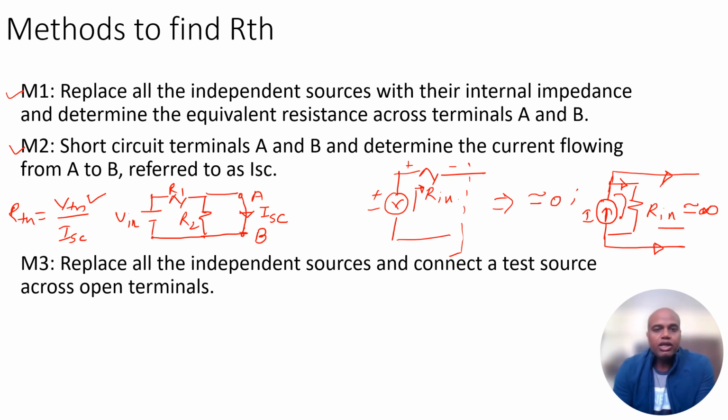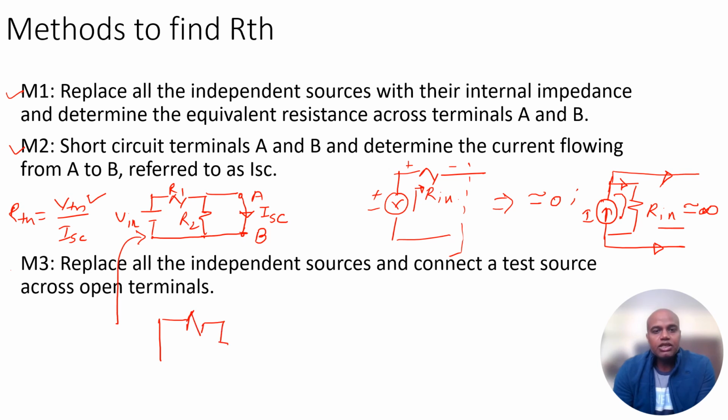Method 3 is to replace all the independent sources and connect a test source across the open circuit. If I take this circuit itself, we have one voltage source here, which can be replaced with its internal resistance, so that becomes a short circuit.